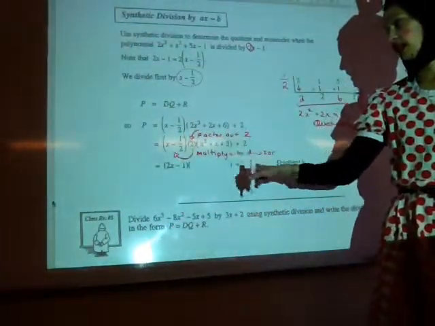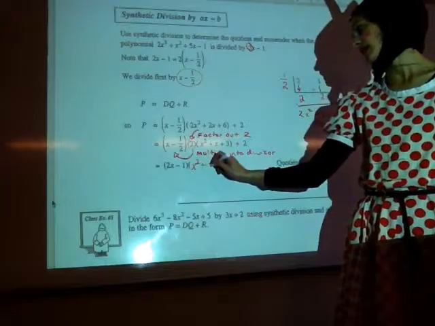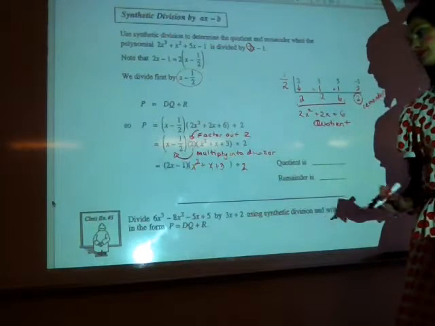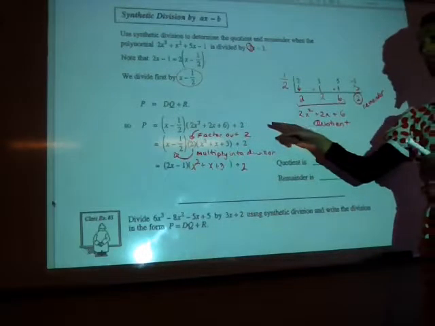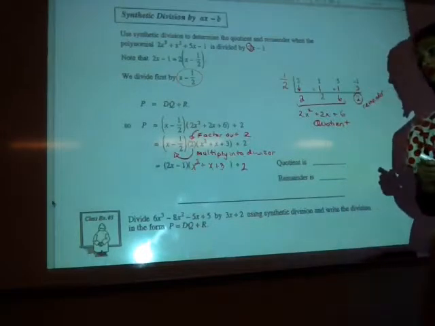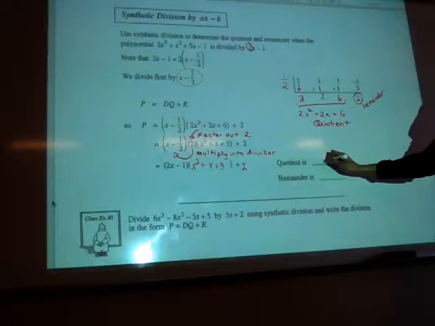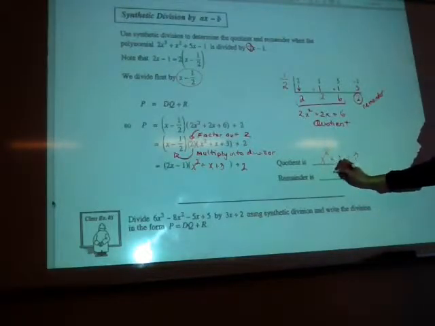The quotient that is legit is the x squared plus x plus 3 plus the remainder 2. So you're only factoring the 2 out of the quotient. So our quotient is x squared plus x plus 3, and our remainder is 2.